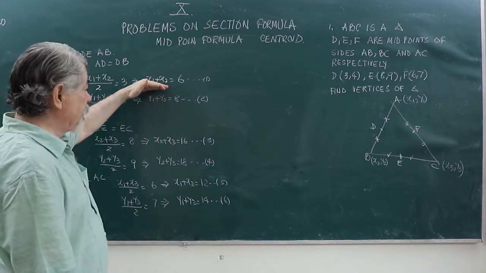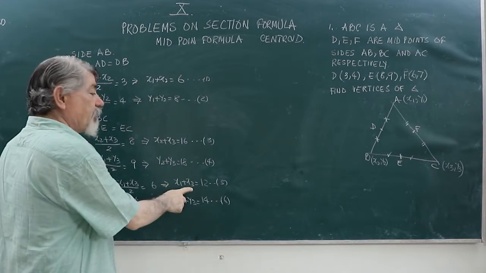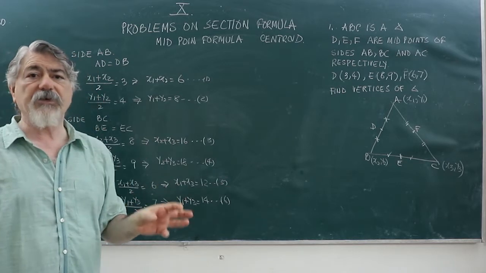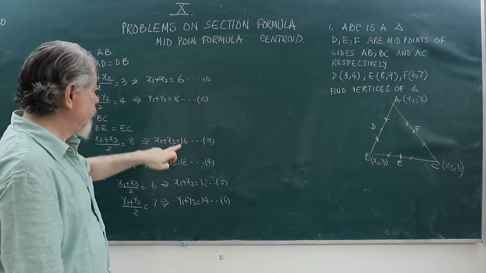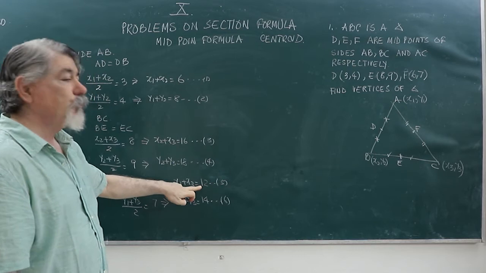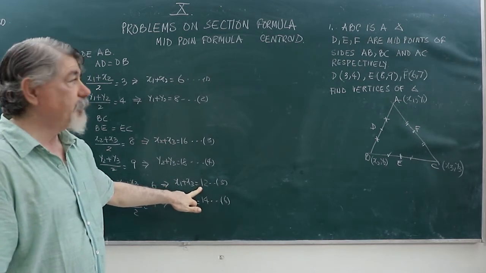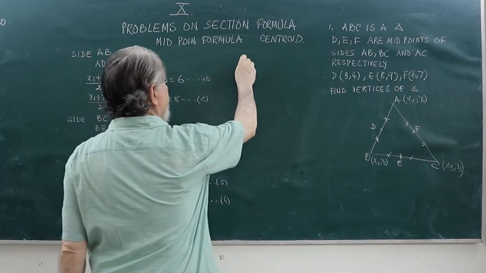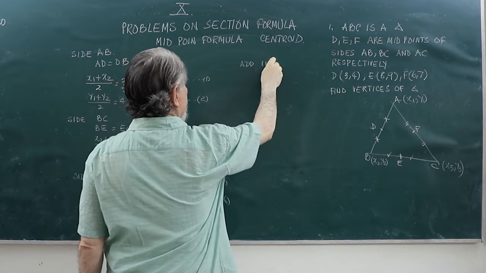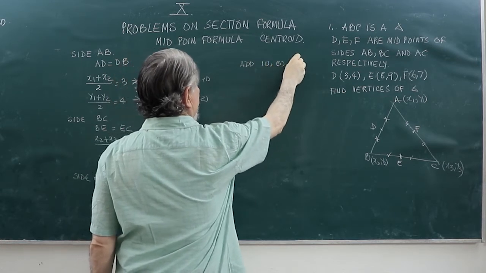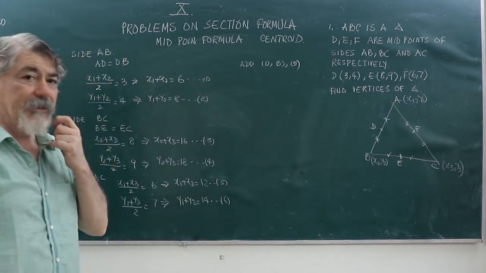If I add up all the x equations, x1 plus x2 plus x2 plus x3 plus x1 plus x3, I'll get 2x1 plus 2x2 plus 2x3 equal to the addition of 6, 16 and 12, which is 22 plus 12, that is 34. This is a method of solution: add 1, 3 and 5, the odd-numbered equations, which are the x equations.